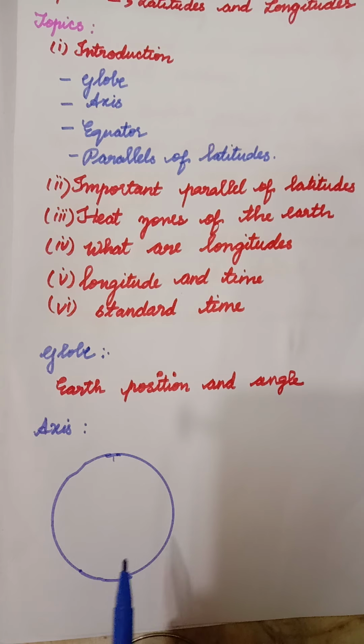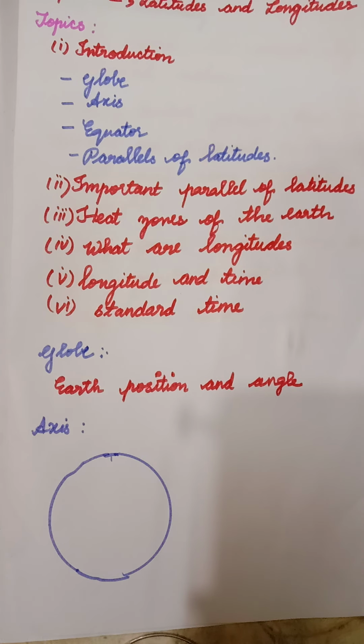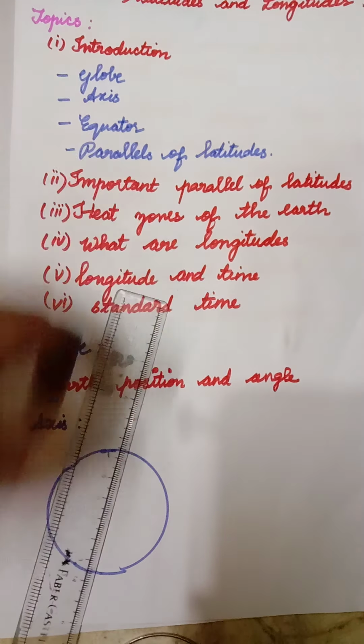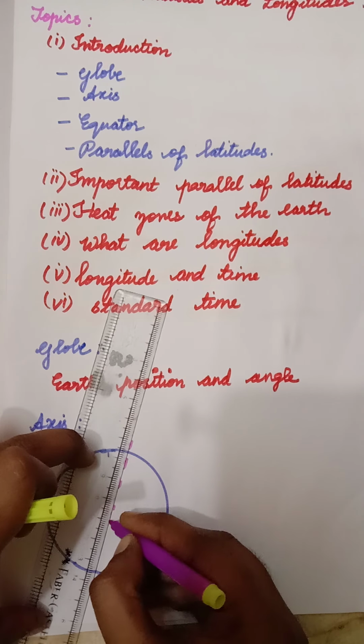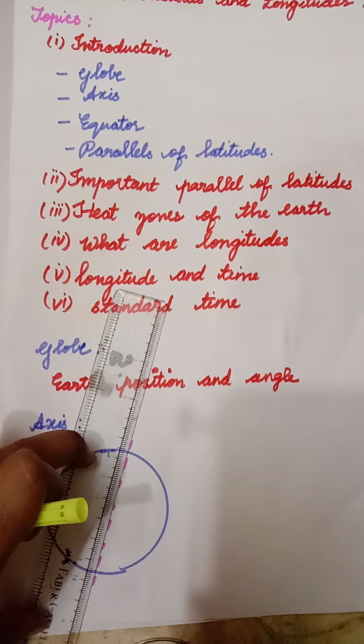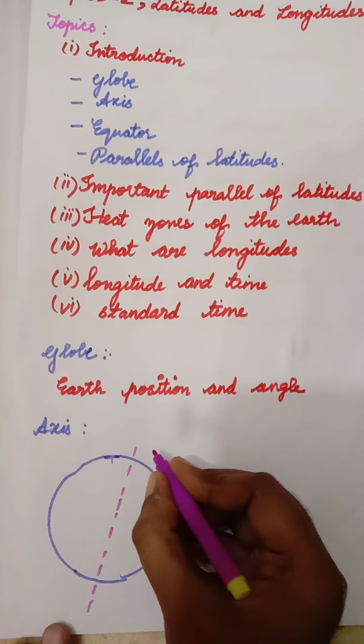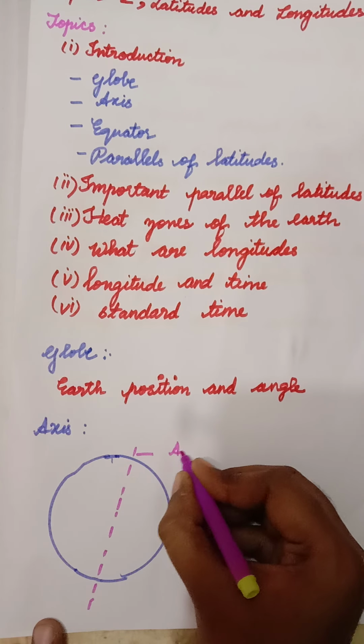In the earth, there won't be a line, so we should fix an imaginary line. See, I am going to fix an imaginary line. I have drawn an imaginary line. This imaginary line is known as the axis.